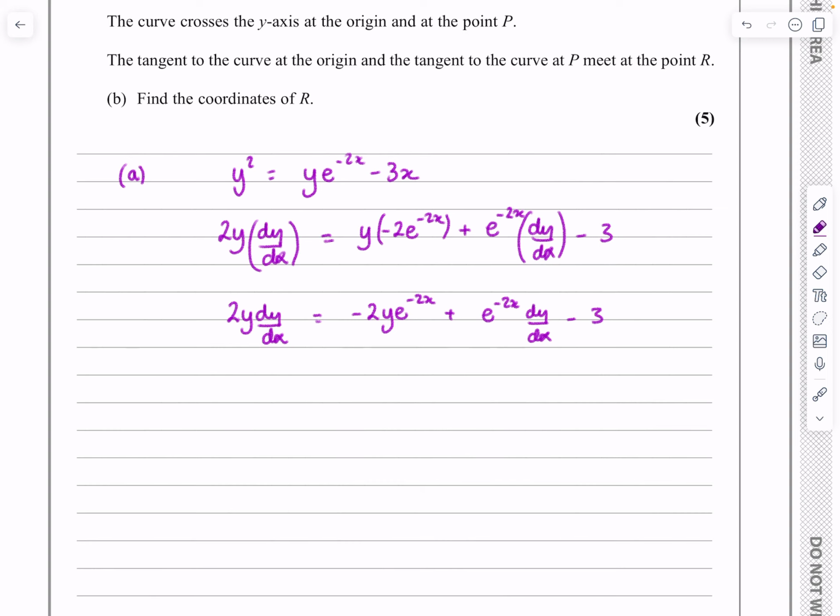So what I now need to do is to get the dy by dx's on one side and everything else on the other. So in this case, 2y dy by dx minus e to the minus 2x dy by dx is equal to minus 2y e to the minus 2x minus 3. I've simply moved this thing over to the other side.